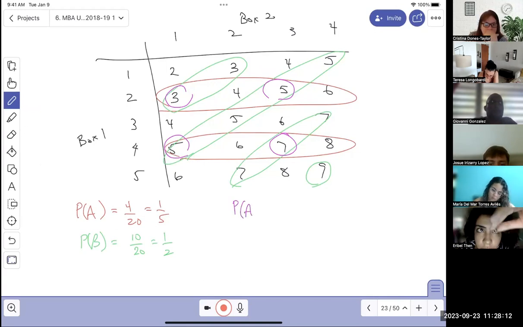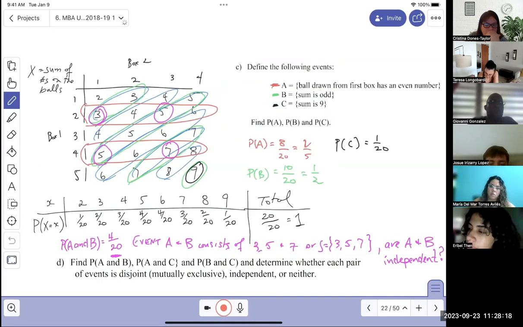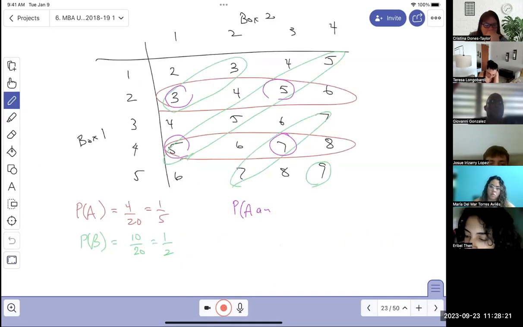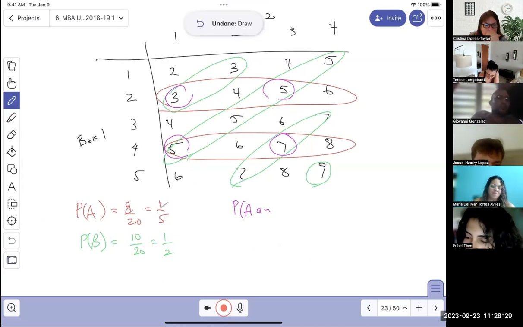Is it 4 out of 20, Professor, or 8 out of 20? Probability of A is 8 out of 20, which is 2/5. Sorry, I'm just copying from the other page. This is not new.